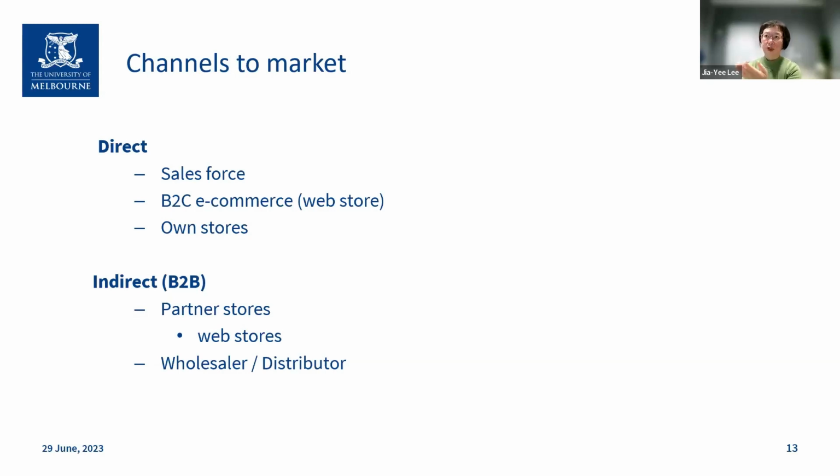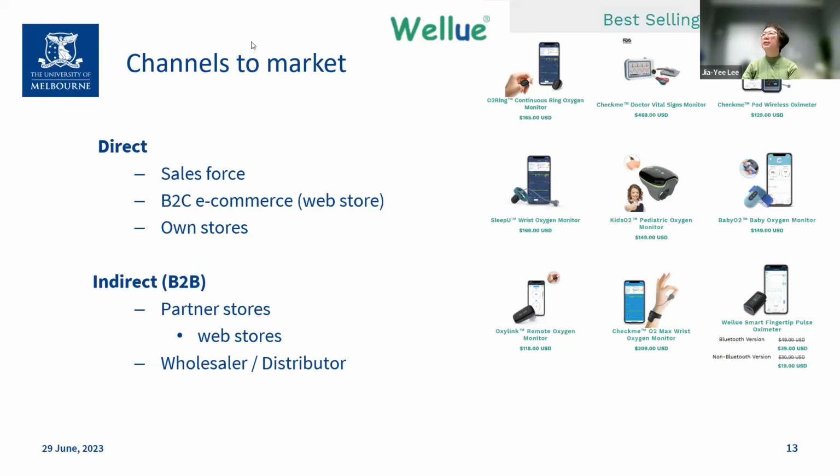We have the web store, which I've just shown you here, and we've all bought products and services through web stores. And then you can go direct to the wholesaler, or you can go to partner stores as well.